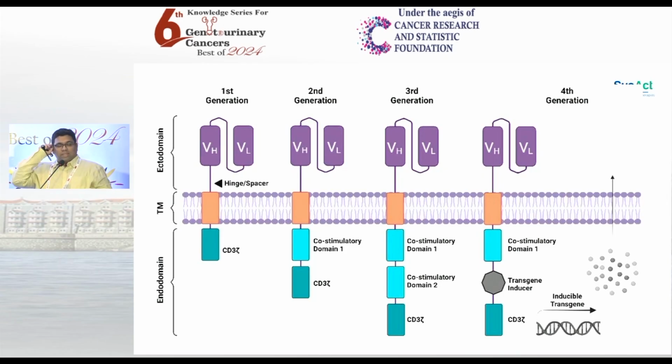There is one more concept, that there are trafficking issues in the solid tumor, in which the CAR-T may not be able to reach the solid tumor. In such a situation, you use something called armored CAR-Ts, where you would have a second hyaluronidase gene embedded inside, so that it dissects the CAR-T's pathway towards the tumor itself.